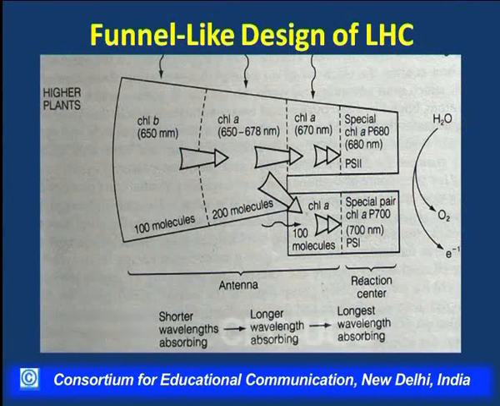And this is a graphic representation of how a funnel-like design of the light harvesting center can be conceived, because the 100 molecules of the chlorophyll B which are constituting the antenna would ultimately funnel down to chlorophyll A molecules, and to the chlorophyll A other chlorophyll molecules of different wavelengths, and finally arriving at what we call the PS2 reaction center.